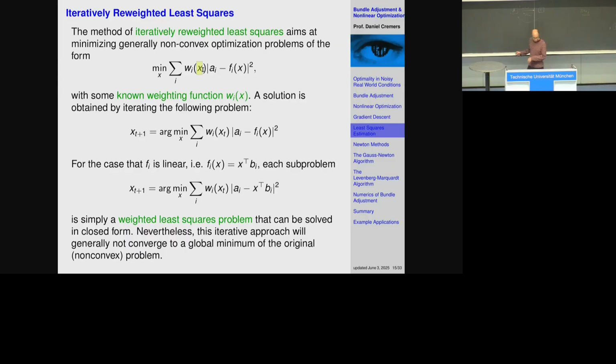So one of the loss functions that you want to minimize is a sum where you have the norm, just the norm, so not the norm squared, but just the norm, say ai minus f of xi.